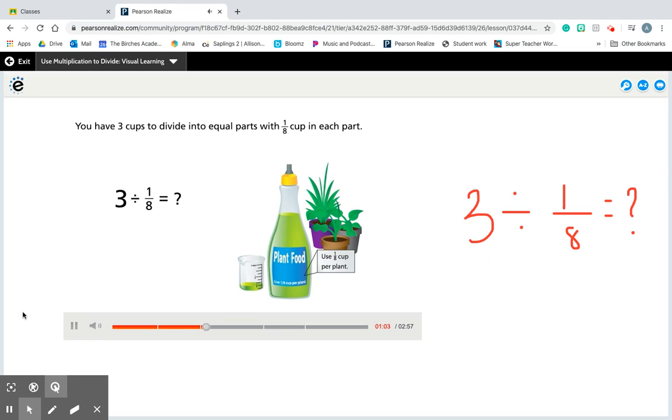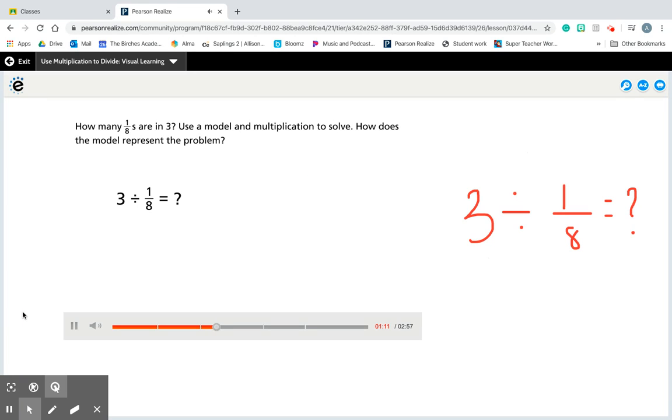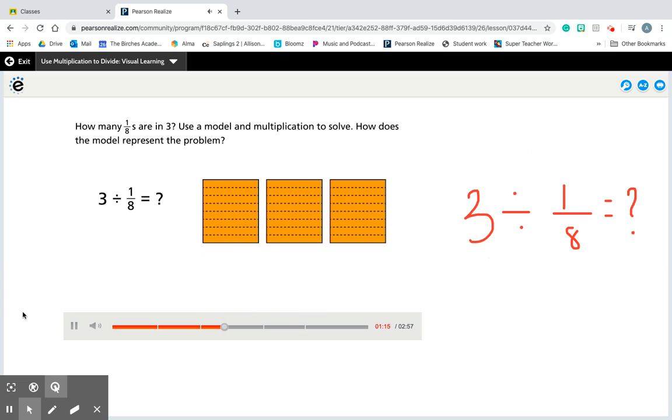You have 3 cups to divide into equal parts with 1/8 cup in each part. How many 1/8ths are in 3? Use a model and multiplication to solve. How does the model represent the problem? So the model represents the problem because I have my 3 wholes, 3 whole squares, and each square is broken into 8 pieces.